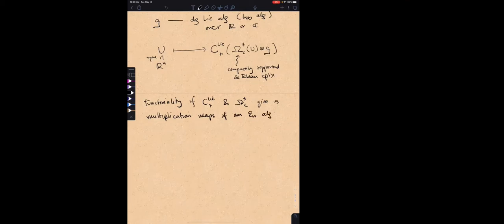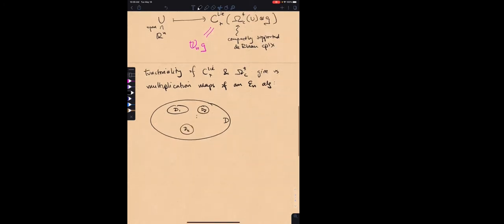of an EN algebra. So I'm going to call this thing here, to save myself effort, blackboard bold U sub n, because I'm working in Rn, of G. So for instance, if I have a picture like this, where I have a big disk D and a bunch of smaller disks inside of it that are disjoint, D1, D2, up to say Dk, then the functoriality of this construction gives me a canonical map, so I can multiply things in disjoint disks into the big disk.